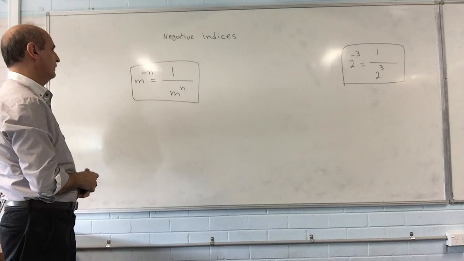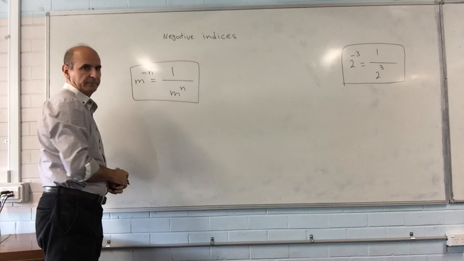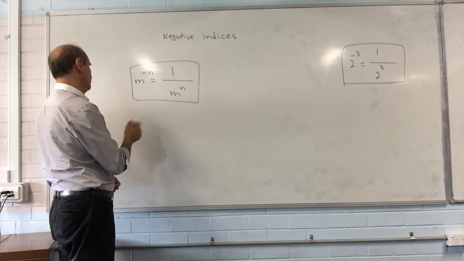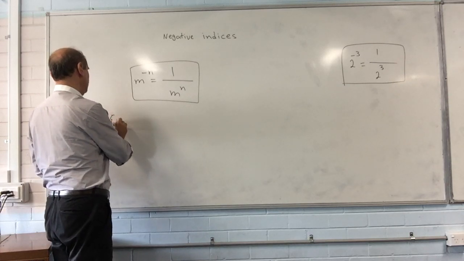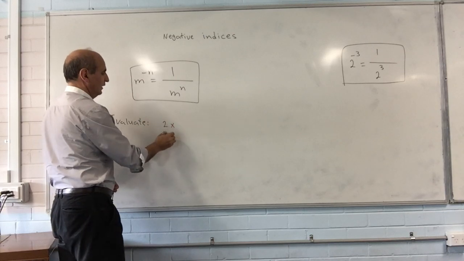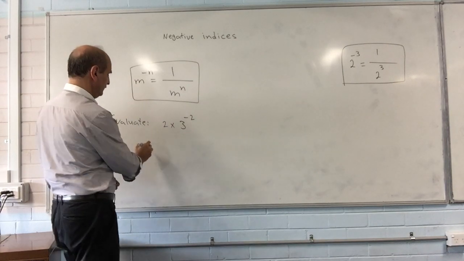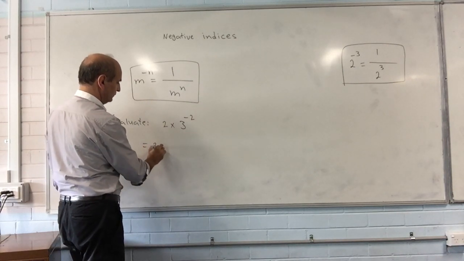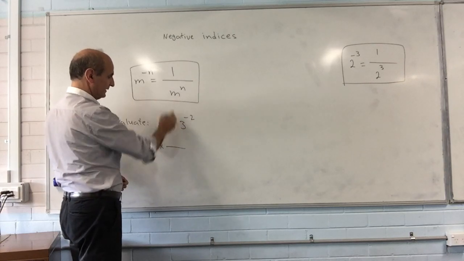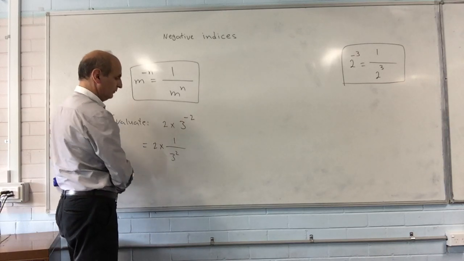With this in mind, we can now do calculations involving negative indices. Say they ask us to evaluate 2 times 3 to the power of minus 2. We know that 3 to the power of minus 2 can be written as a fraction where the top is 1 and the bottom is 3 to the 2.